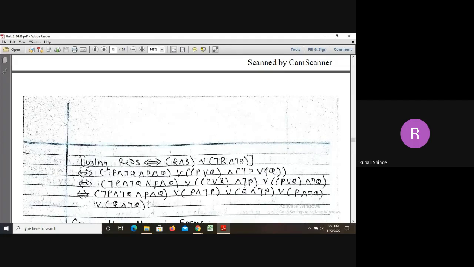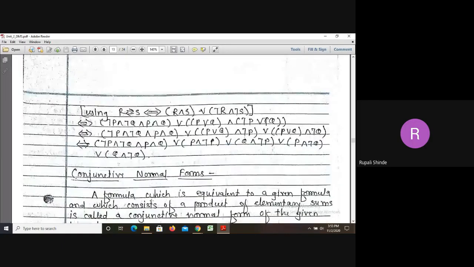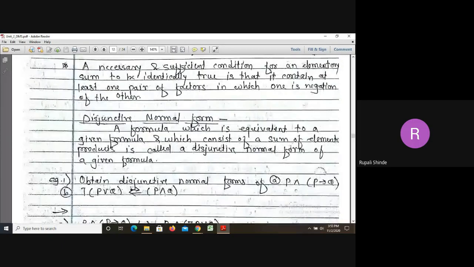So this is the required DNF, that is disjunctive normal form. Have we understood? Yes, ma'am. Just remember, DNF means sum of elementary products.